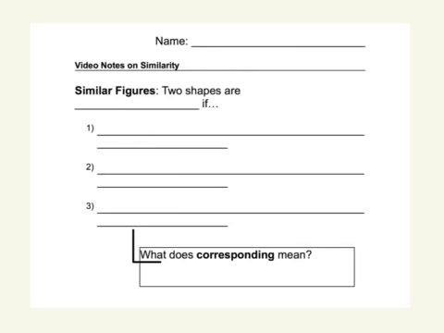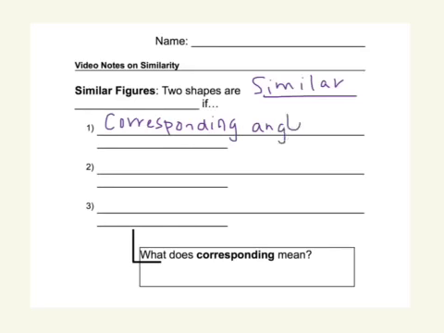So, similar figures. Two shapes are similar if two things. One, they have corresponding angles that are equal.